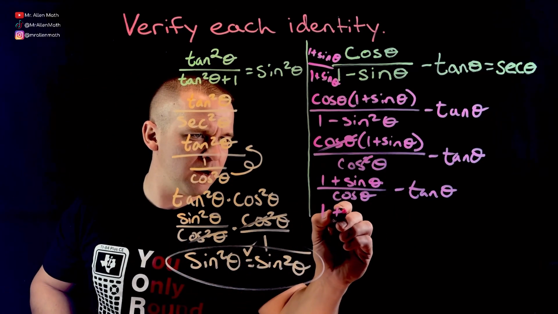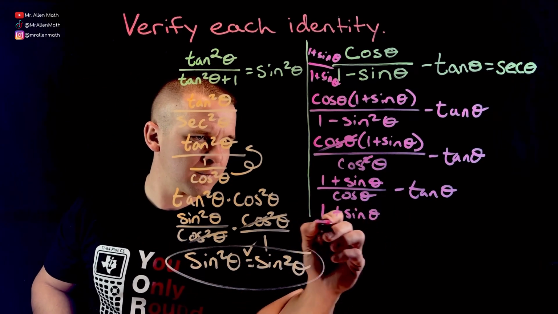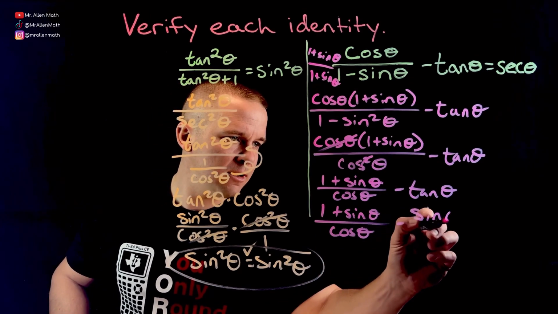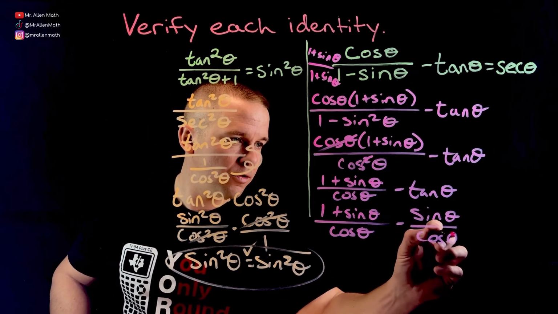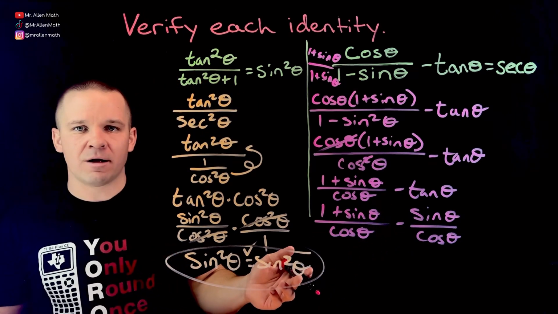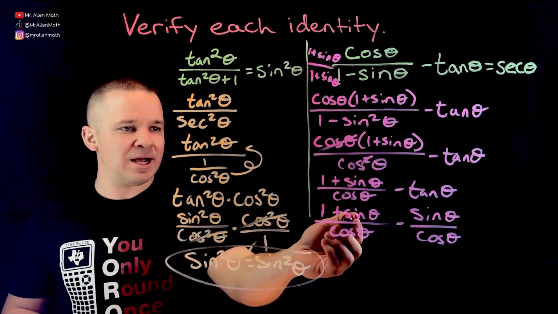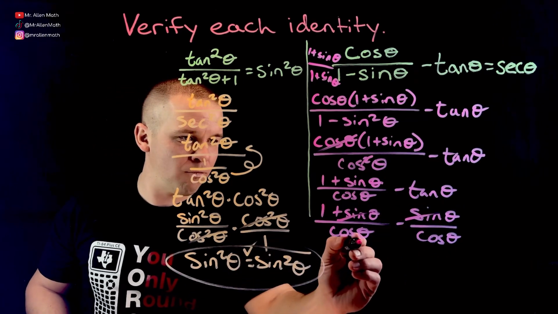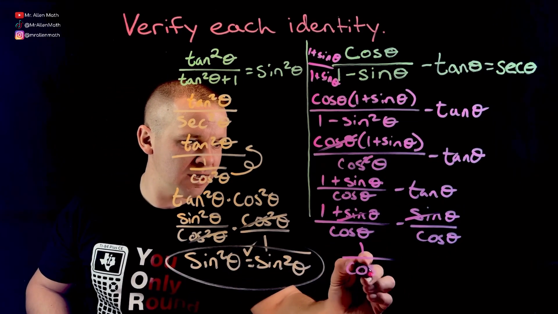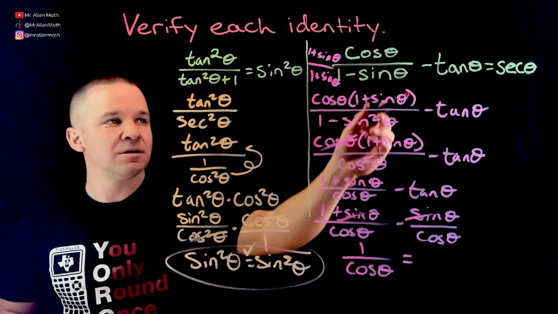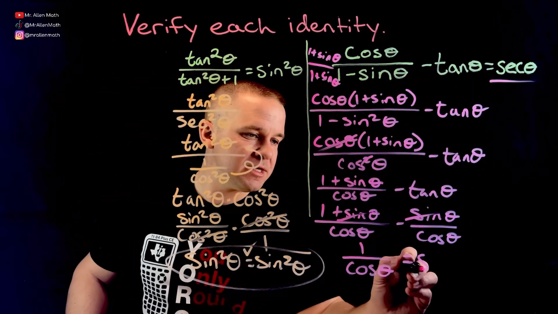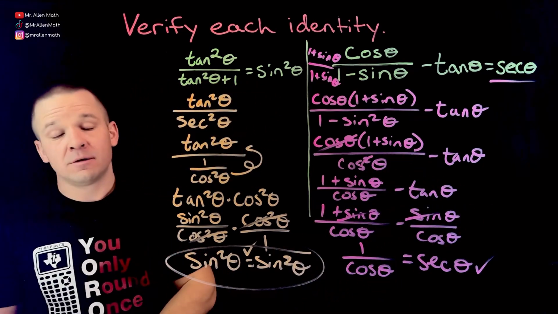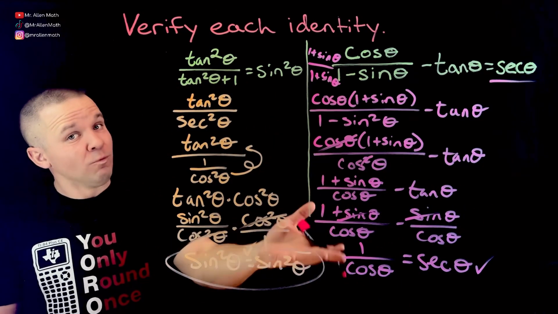Hold up. Sine theta over cosine theta. I have common denominator, don't I? I can just add my numerators. What happens to my sine of theta and the negative sine of theta? Those guys are gone, and I have 1 over cosine of theta, which, oh my goodness, that equals secant of theta. Dunzo.